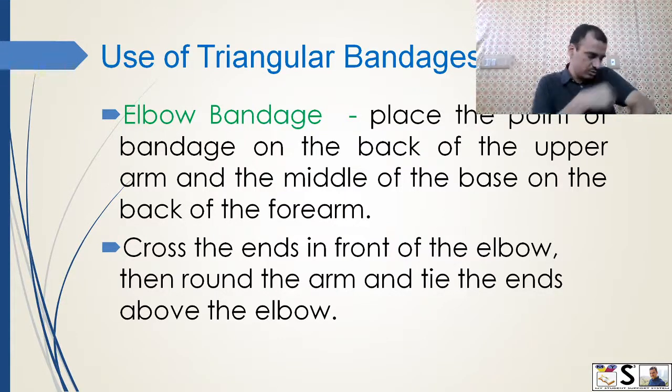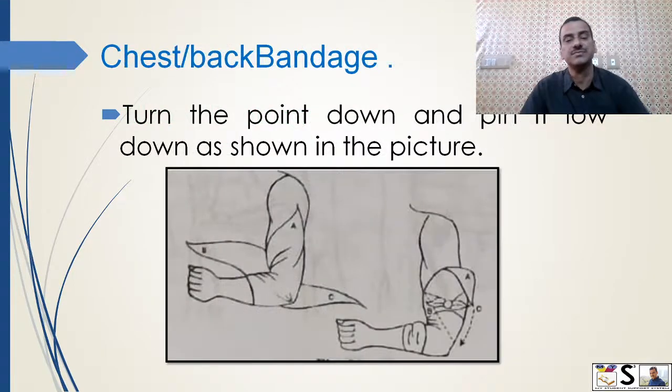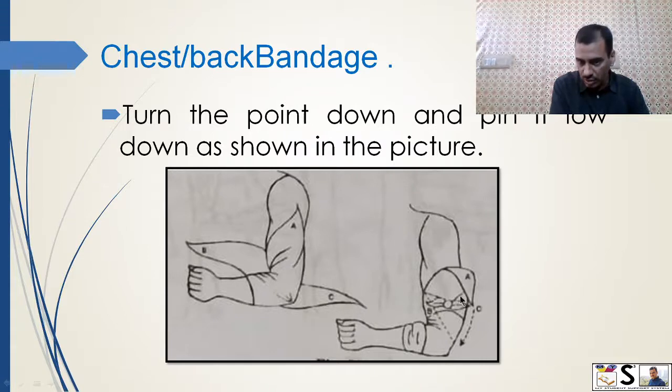This side we will cross and then tie the ends above the elbow. See in the picture like this. This is the point, these are the ends, these cross over and they are tied here. Now the point is folded back up to this level and we apply pin or plaster.